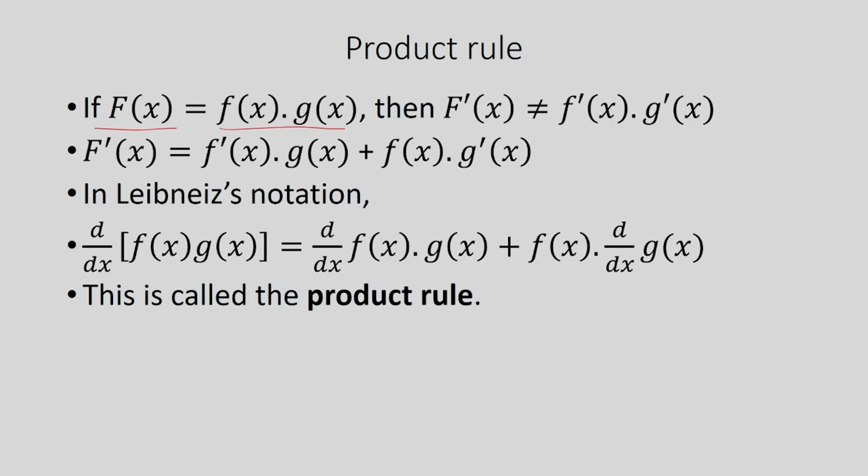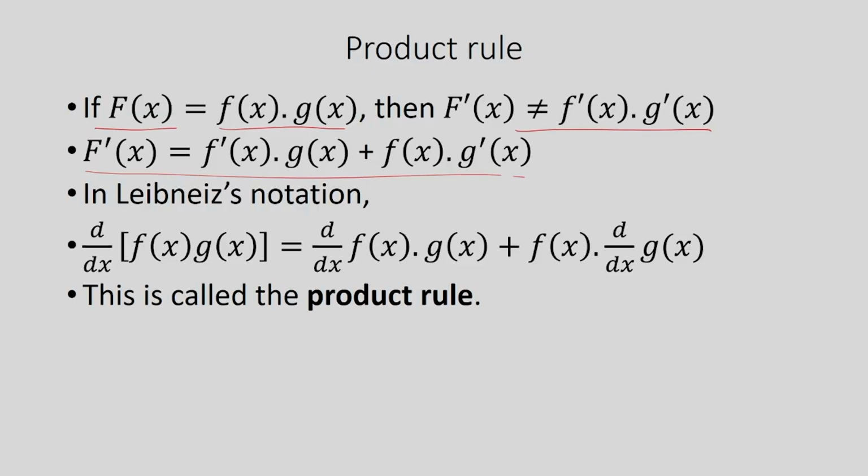Then interestingly, unlike what our intuition would tell us, capital F dash of x is not equal to small f dash of x multiplied by small g dash of x. It is actually equal to this. So, capital F dash of x is equal to small f dash of x multiplied by g of x plus small f of x multiplied by g dash of x.